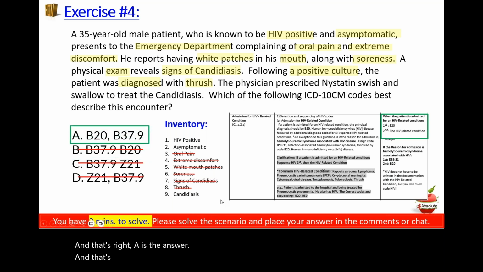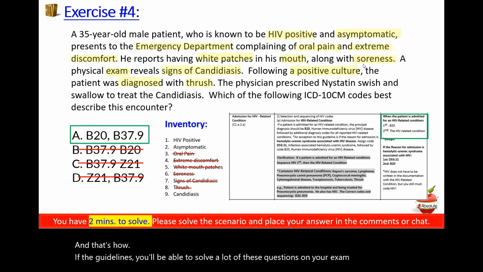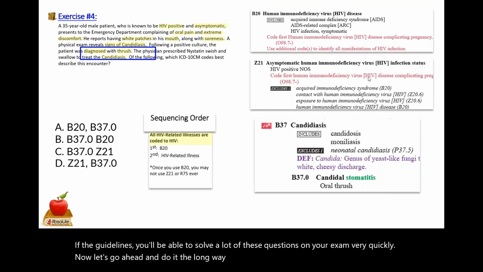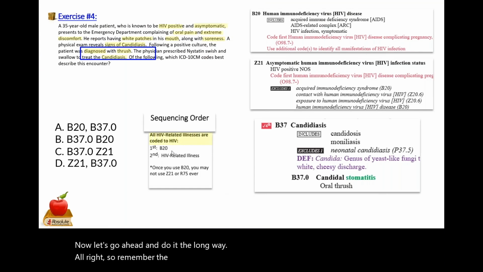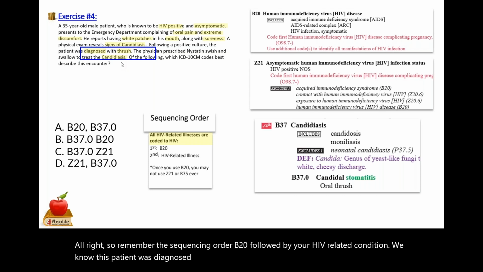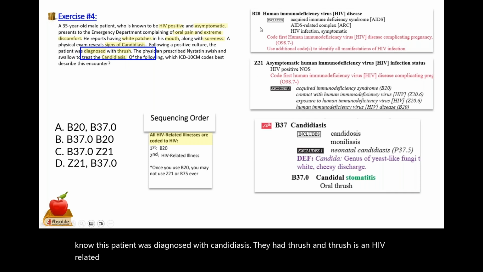And that's how, if you know the guidelines, you'll be able to solve a lot of these questions on your exam very quickly. Now, let's go ahead and do it the long way. Remember the sequencing order, B20 followed by your HIV-related condition. We know this patient was diagnosed with candidiasis. They had thrush, and thrush is an HIV-related condition.